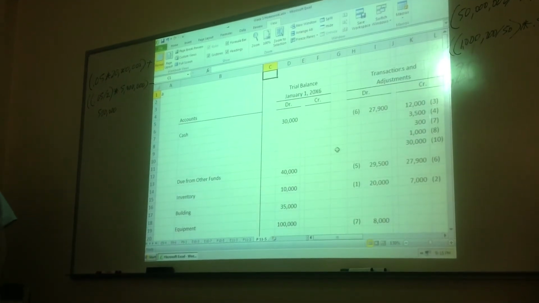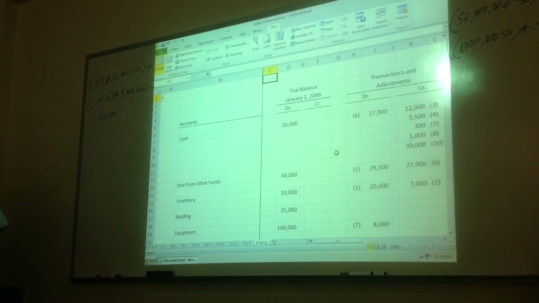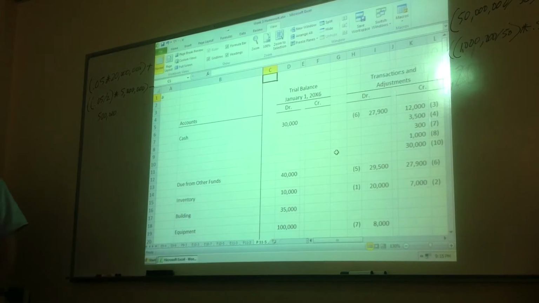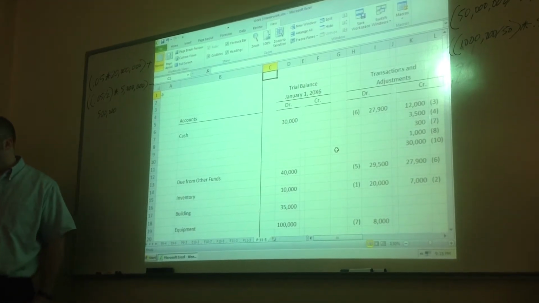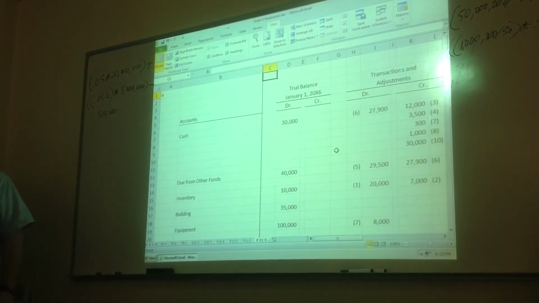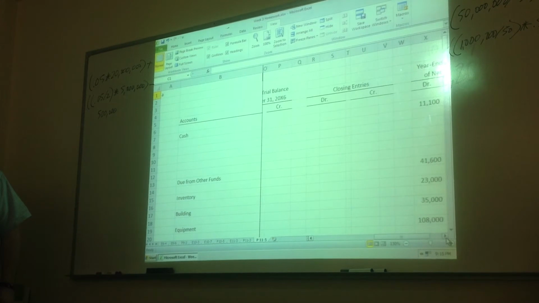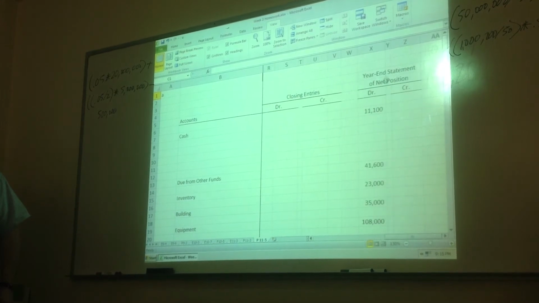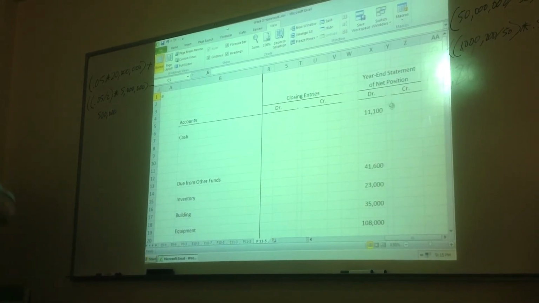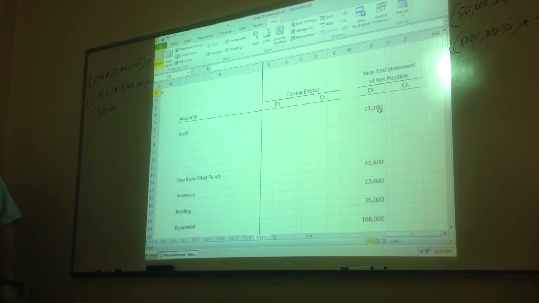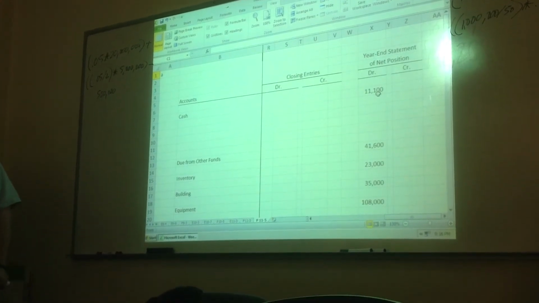You're given your starting numbers again on page 470. After closing entries, you have statement of net position is what it tells you. Year-end statement of net position, which is, right, it's just an adjusted trial balance.